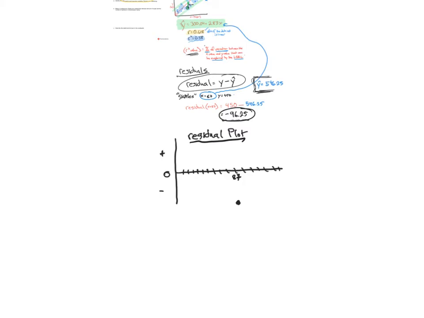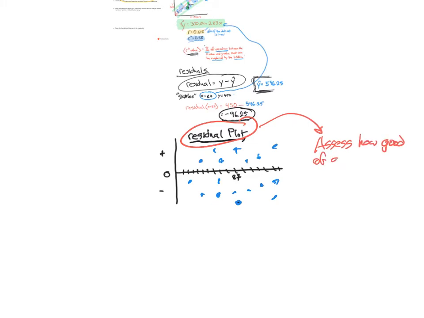But what if I started doing residuals and they ended up all over the place, like this? What we're going to do with this is assess linearity. So we're using a residual plot to assess how good of a linear fit my data set is.